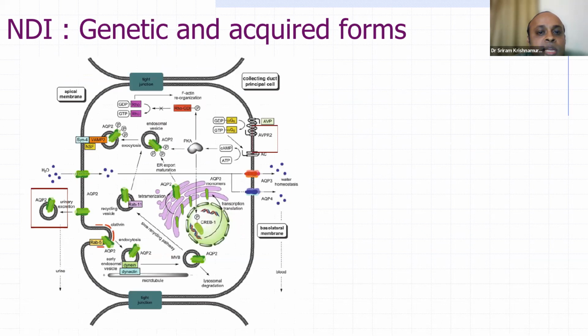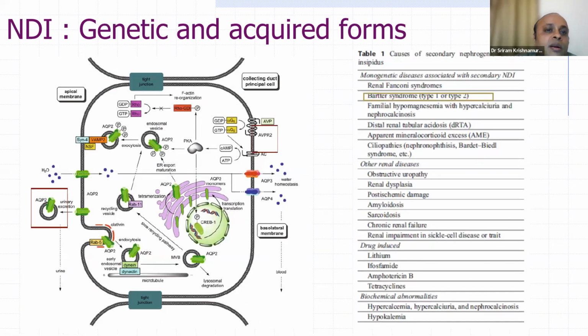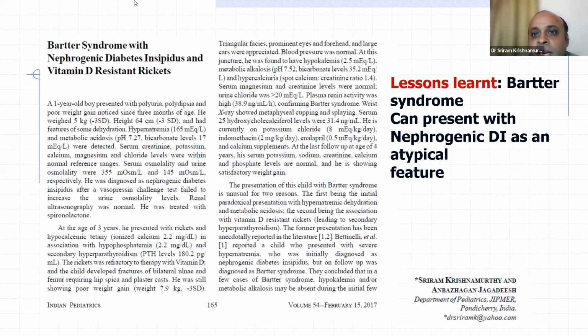So hypokalemia actually blunts the AVPR2, which is the gene coding the V2 receptors, as well as the aquaporin 2 receptors. So the channels. So ultimately what you get is a nephrogenic diabetes insipidus. Bartter syndrome is well reported in the etiology of nephrogenic diabetes insipidus. So this case, the lesson that we learned, we actually published it in Indian Pediatrics.